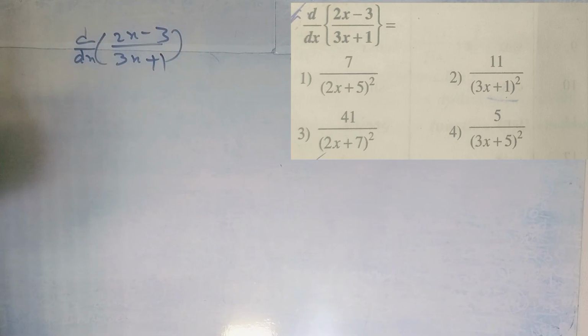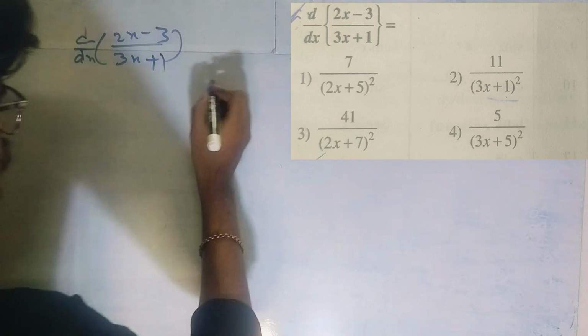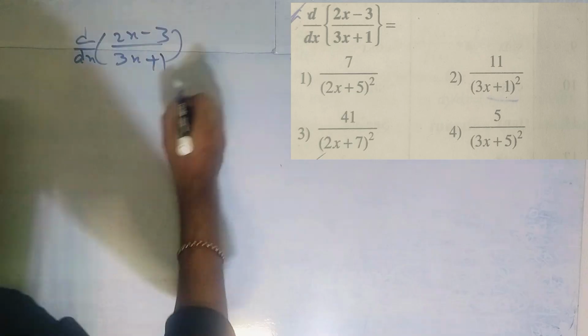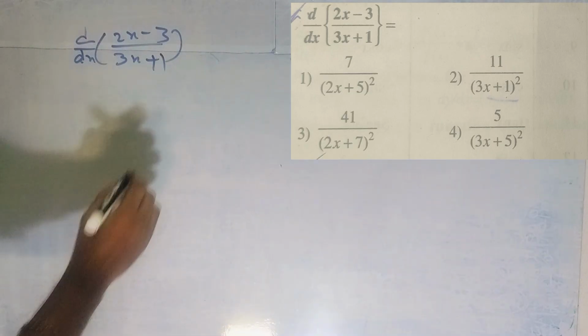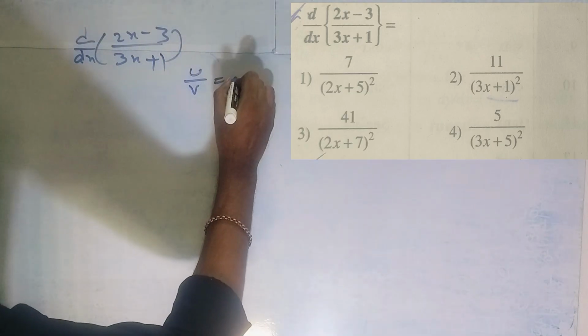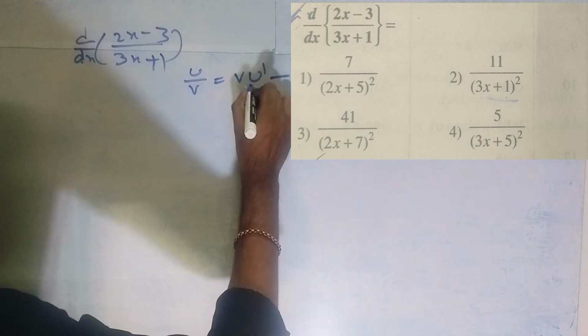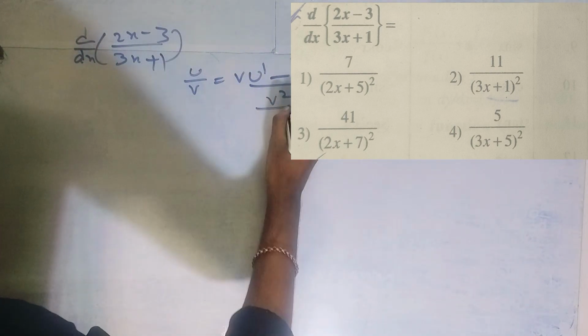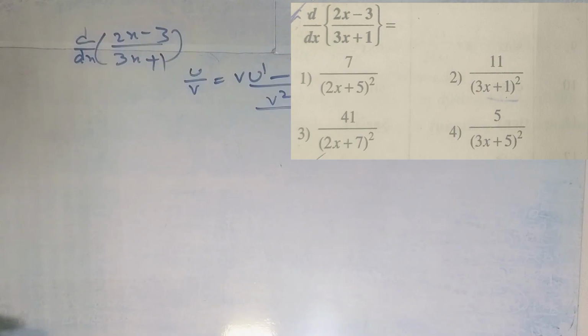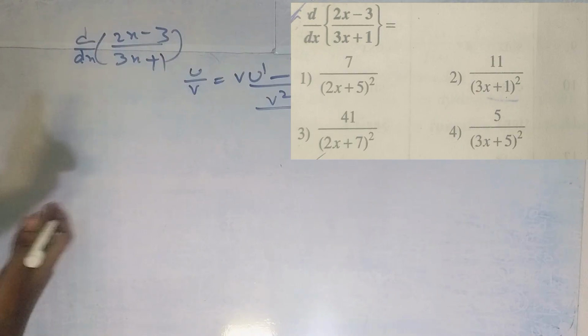The u by v formula. What is that u by v formula? The derivative of u by v equals v u dash minus u v dash by v square. This is our formula.